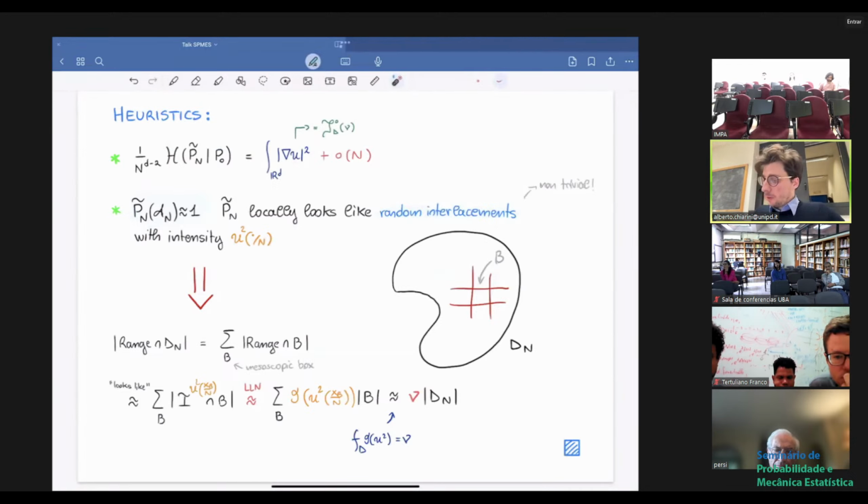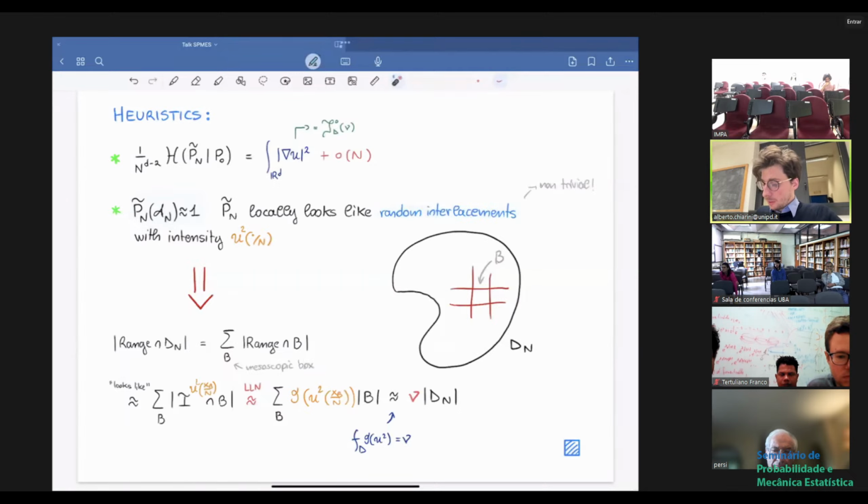And so if you believe me that the local picture for mesoscopic boxes should be this one, then you understand that now we have a nice additive structure for which the range of the random walk intersected D_N can be split in the sum over mesoscopic boxes of the range in these mesoscopic boxes.